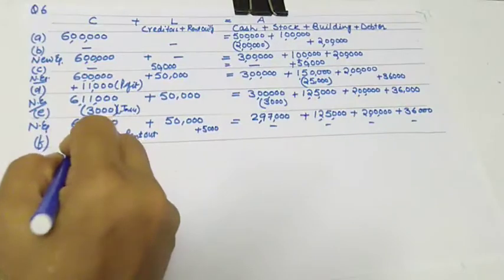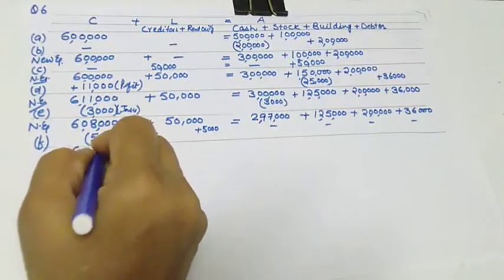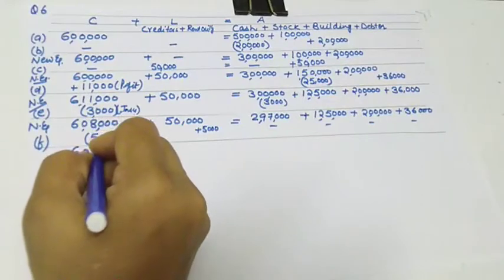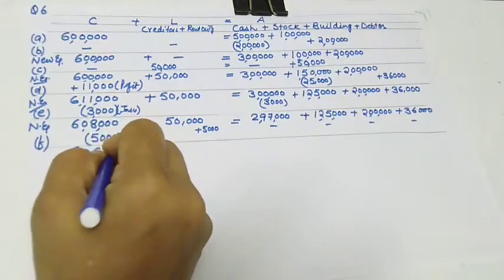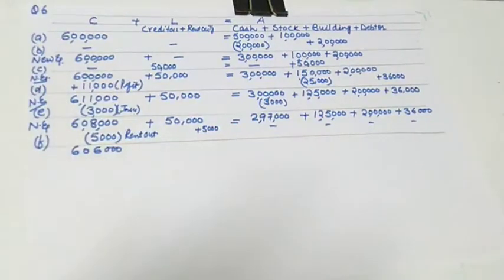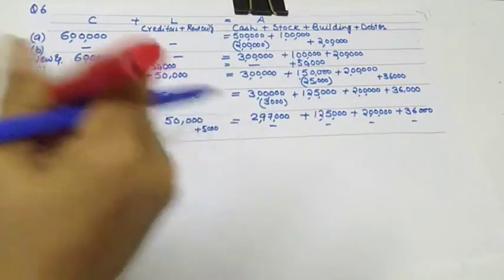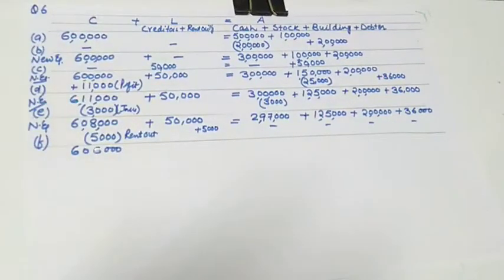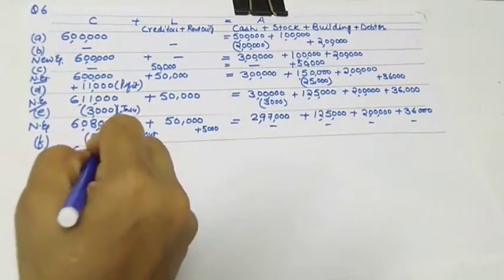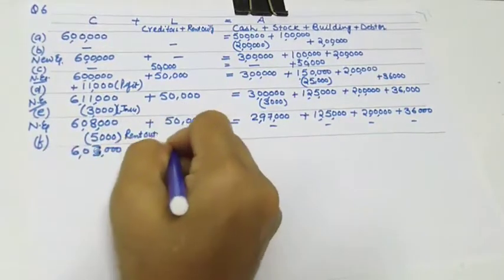Now this will be 6 lakhs 3,000. Let me make it 3. So this is 6 lakhs 3,000 and this is 50.